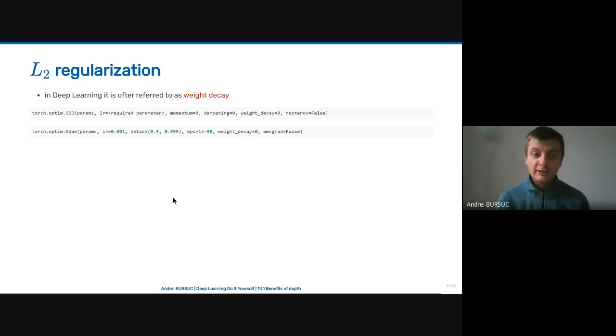You can find it in all optimizers, but the common name in deep learning is weight decay. Whether it's SGD or Adam or another variant of Adam or other optimizer, you always have this parameter weight decay that allows you to add L2 regularization in your optimizer.